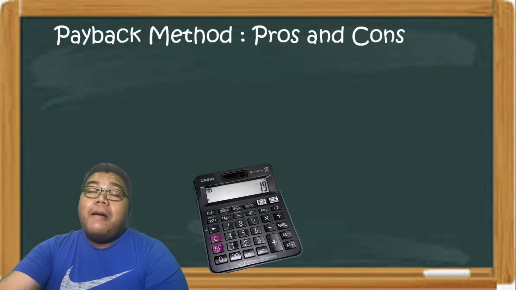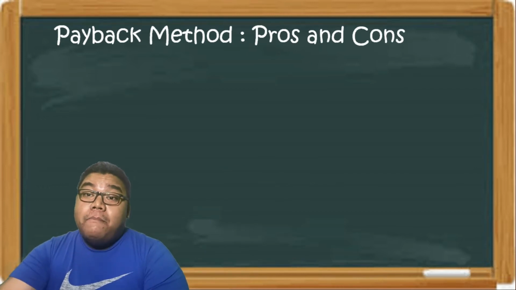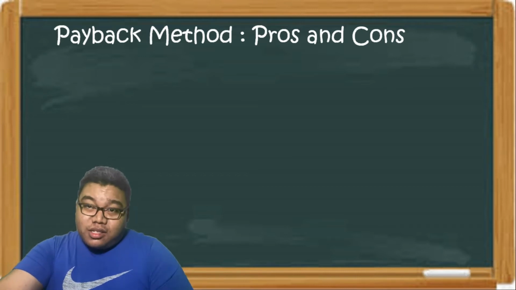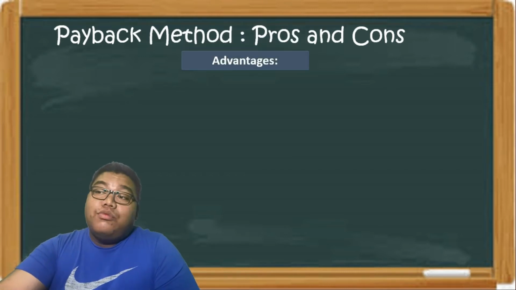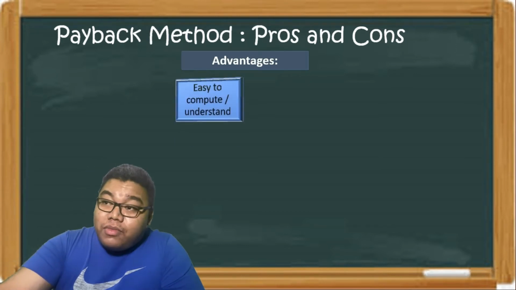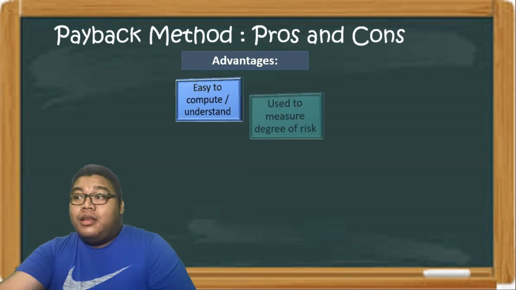Now, we talk about the advantages and disadvantages of using the payback method in capital budgeting decisions. So the advantages here would include they are easy to compute and understand. As we have performed a while ago, they can be computed easily.